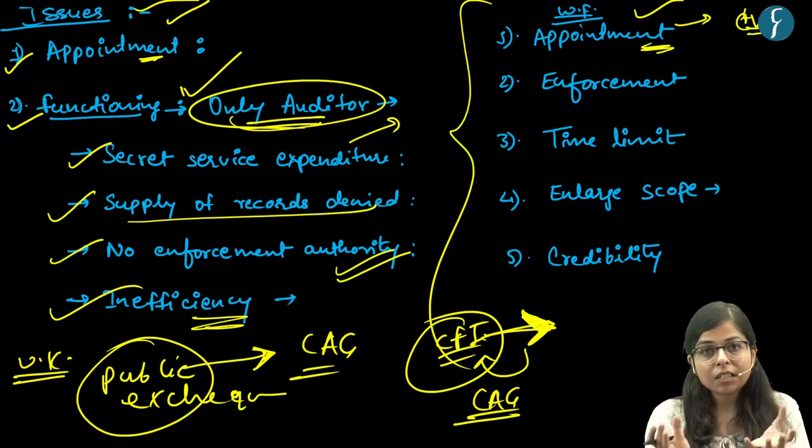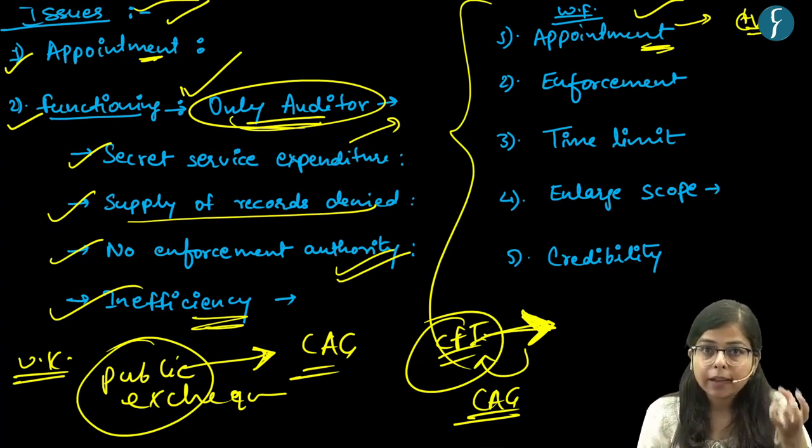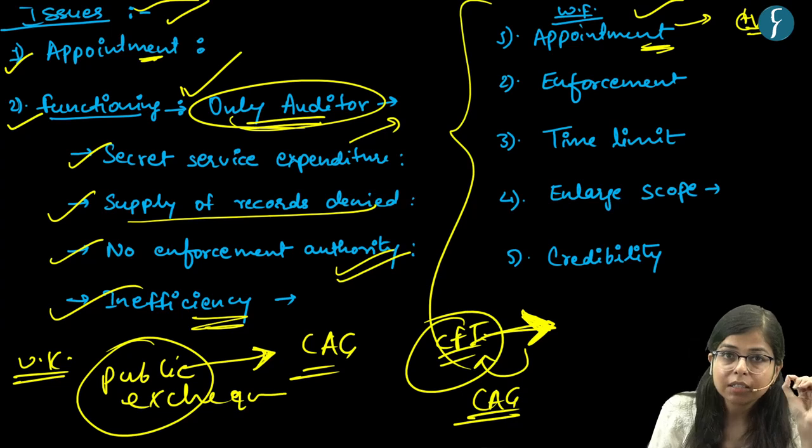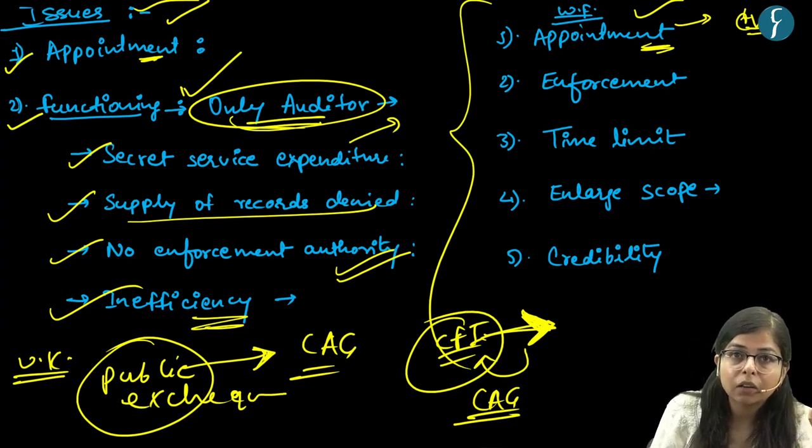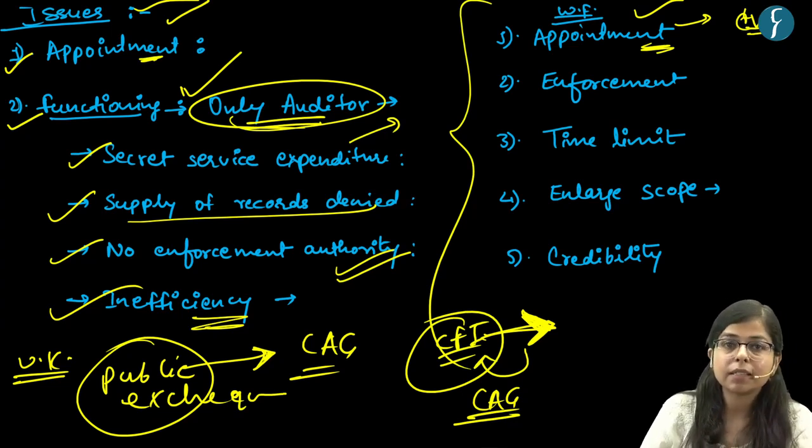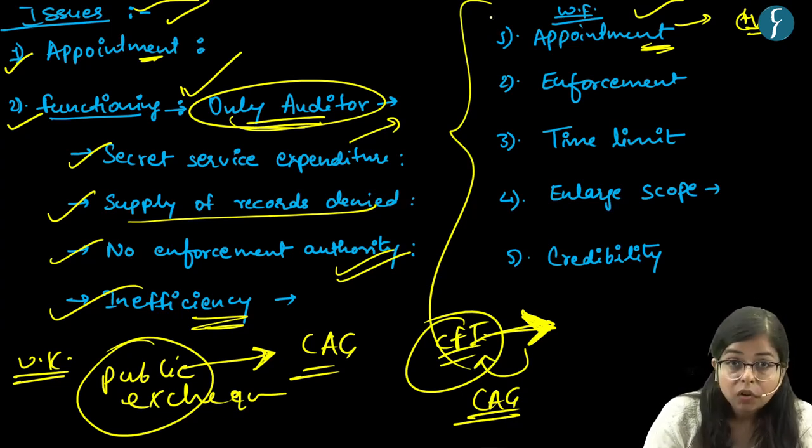Such a committee can be formed prior to the appointment of CAG, such that the office remains dignified, away from any biases or conflict of interest, right? So the appointment procedure should be improved.